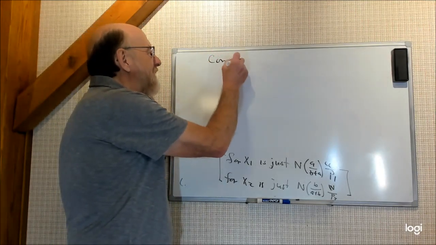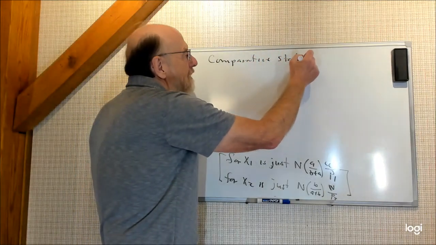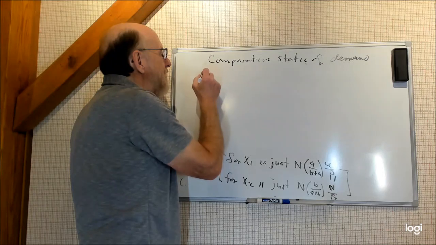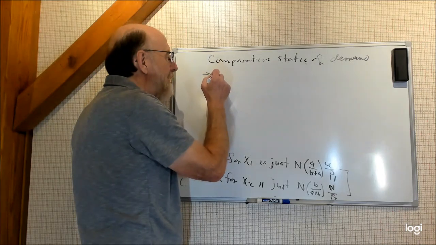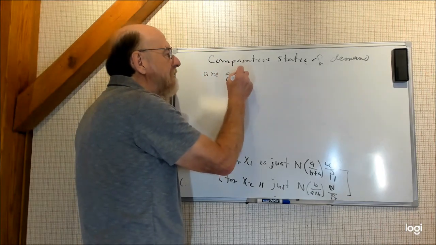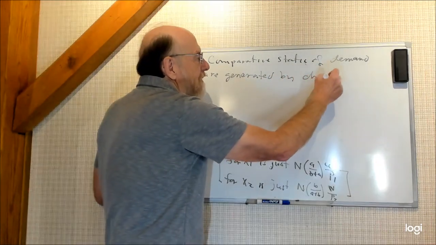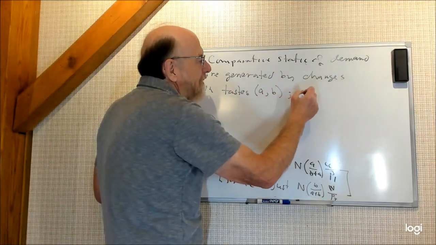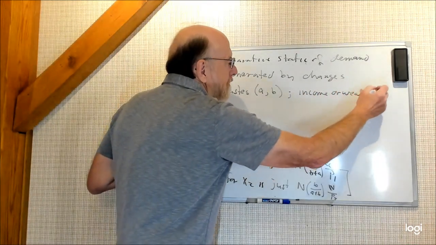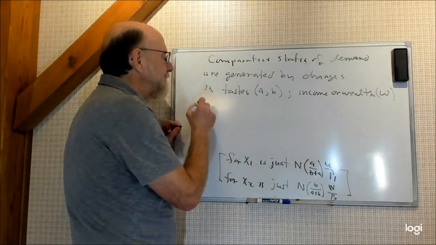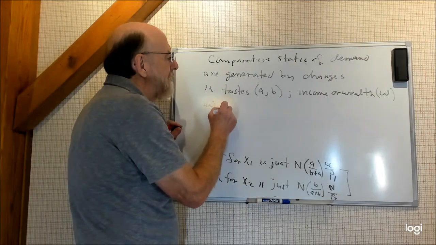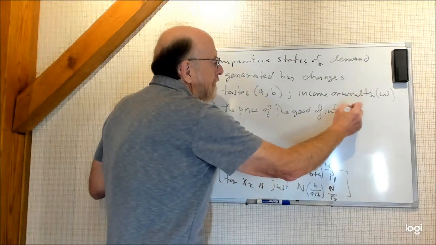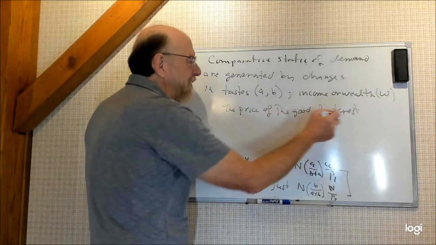Okay, so if we just look at comparative statics of demand, these are generated by changes in tastes, which are A and B, income or wealth, W, the price of the good, and the number of consumers.